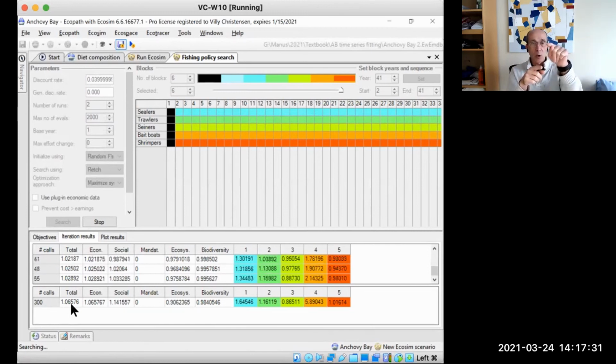And similarly, one for economic value or social value, that would be our baseline Ecopath model, and one, let's say, 5 would be the most jobs you can get. So you can map the space with these 5. Actually 4, mandated rebuilding is not easy, that one is a little bit different, but the other 4 you can map in an amoeba, and then you can look at various scenarios for management and where they fit in.